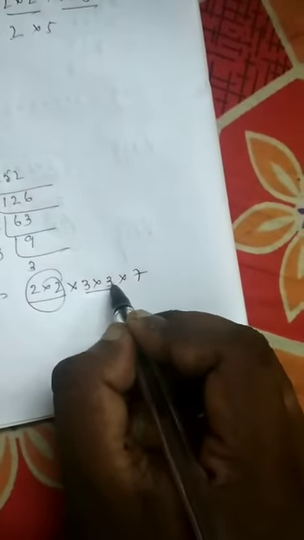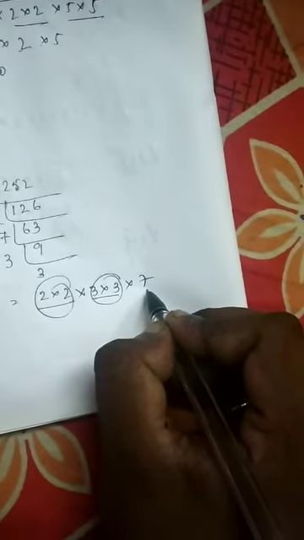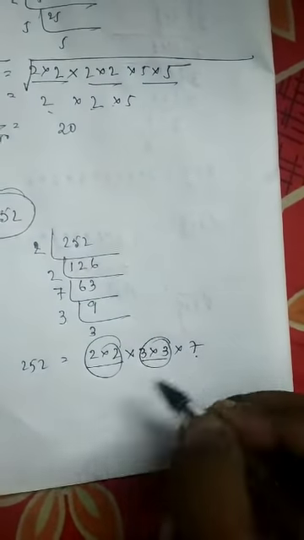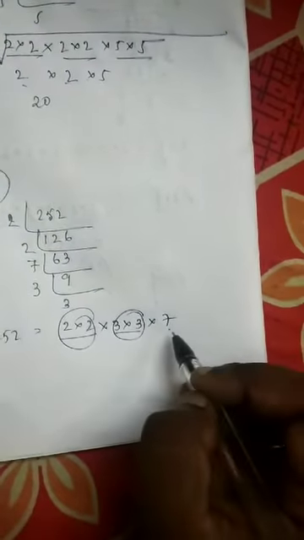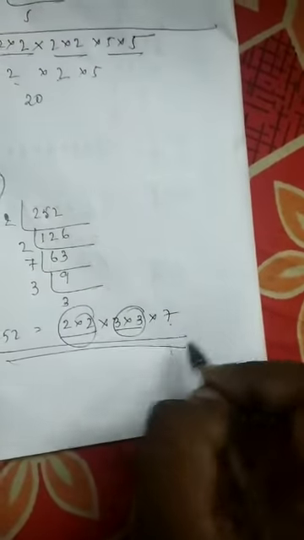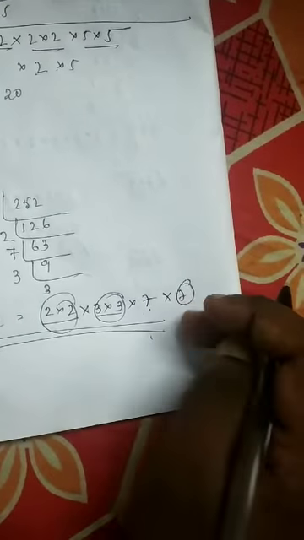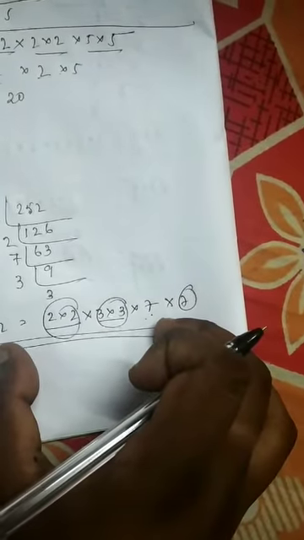2 is having a pair, 3 is having a pair, but 7 is without a pair. There is no more 7. Only one 7 is existing. So it can be seen that if I take one 7 from outside, then this number becomes a perfect square.